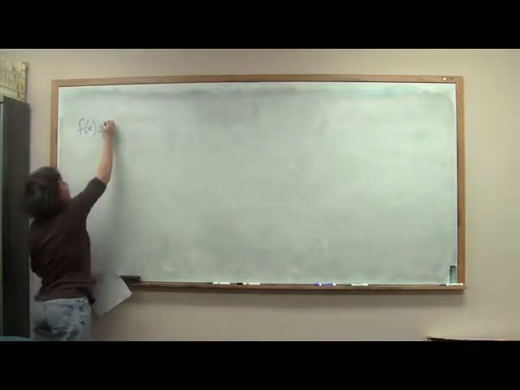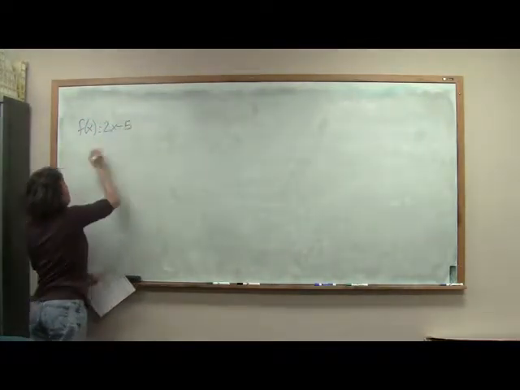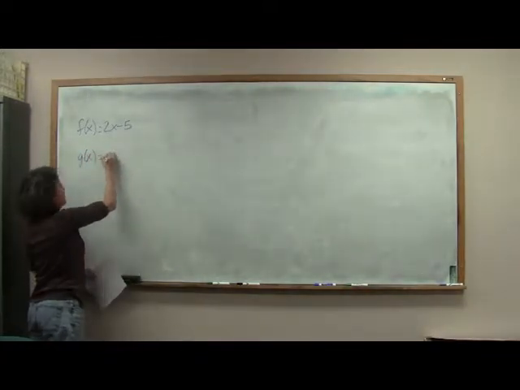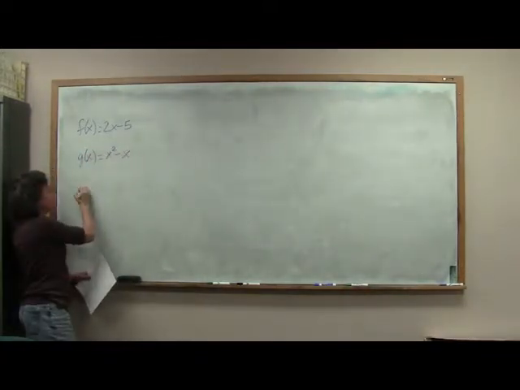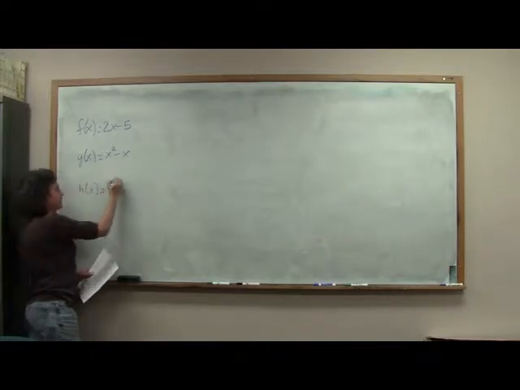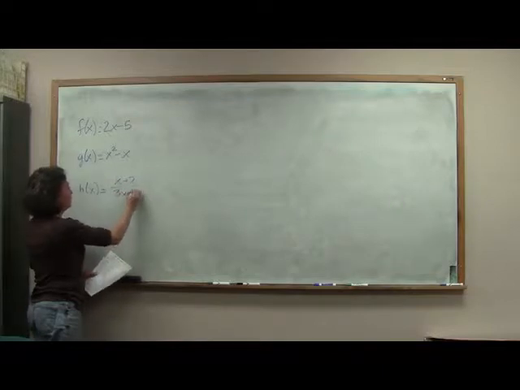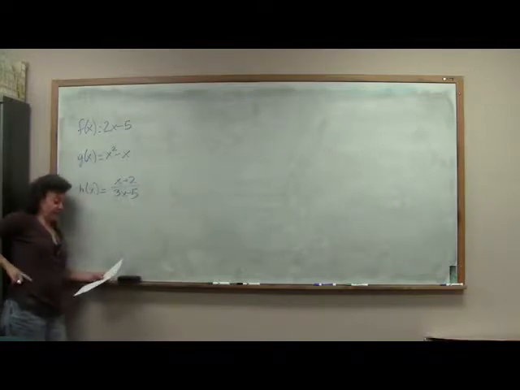Suppose I have f of x is 2x minus 5. g of x is x squared minus x. And h of x is (x plus 2) over (3x minus 5).